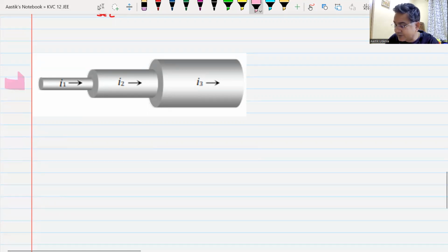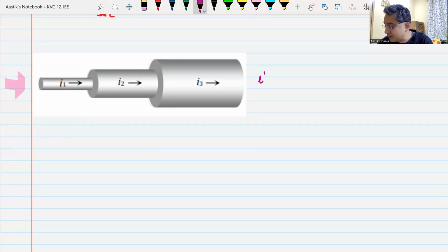The current flowing in the same conductor may have different area of cross section. Will the same current flow in the different parts, or will the current be different in different parts? Different, sir. Anyone else with a different opinion? Well, the current is going to be the same, beta, because you can treat them as three different resistances connected in series, and therefore the current has to be the same.